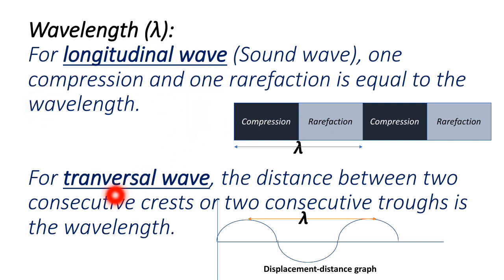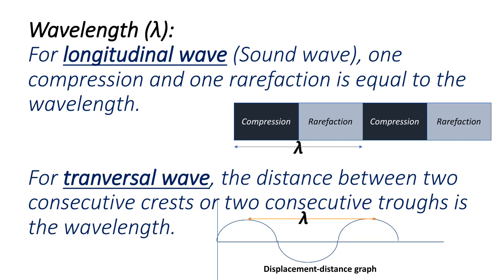And for the transverse wave, take the ripple produced on the water surface, which you all know. For the transverse wave, the distance between two consecutive crests is the wavelength. You know about crest and trough. Crest means the maximum height achieved by the surface of water while producing the wave. So from this crest to this crest, this is called the wavelength, in the case of a transverse wave.